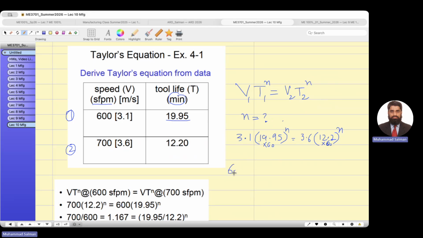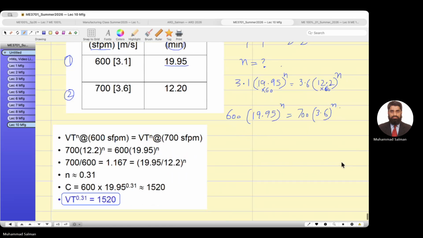So let's do it like this: surface feet per minute times 19.95 to the power n, surface feet per minute 3.6 to the power n. If you do the math, you get n equals 0.31. Taylor's tool life can be calculated like this.